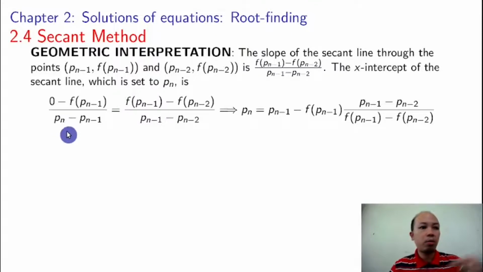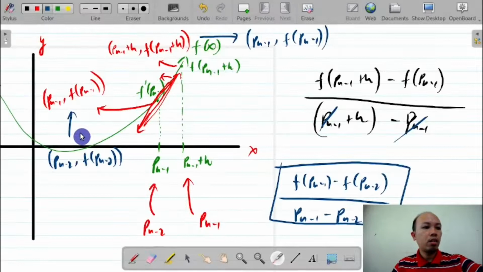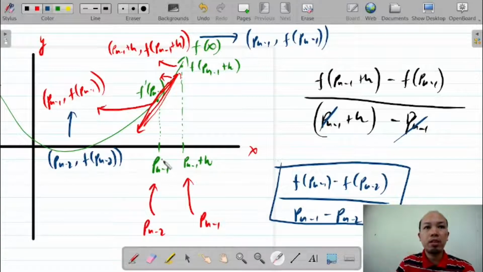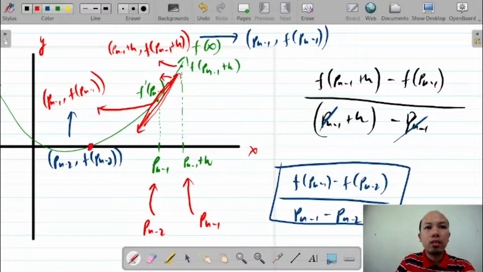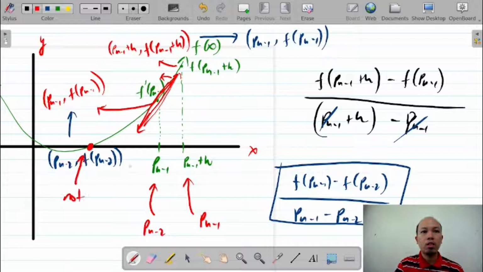Since p sub n is on the x-axis, if you look at the open board, for example, this is your p sub n, and this is the root. Notice that this is our root, so let's put a dot here. That's the root.